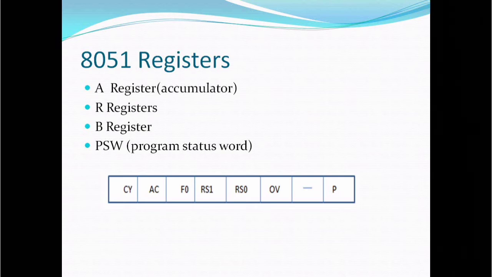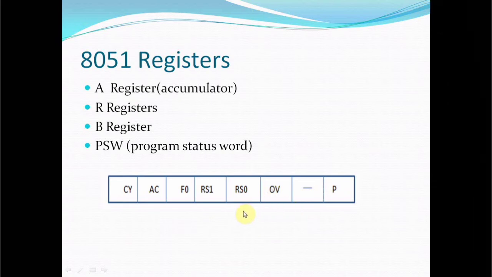The next is the PSW, which is called the program status word, and this is basically a flag register. This register is used to reflect the status of arithmetic and logical operations. In the format, if you can see, there are flags: a carry flag, an auxiliary carry flag, an overflow flag, and a parity flag.